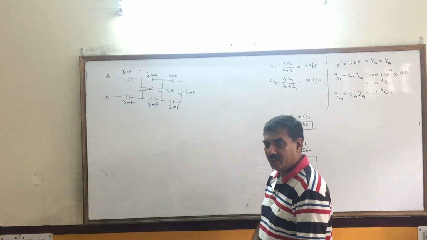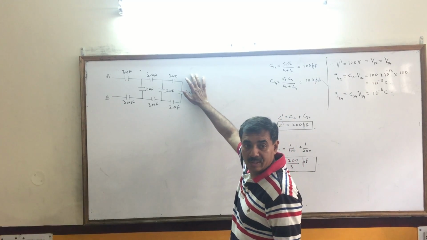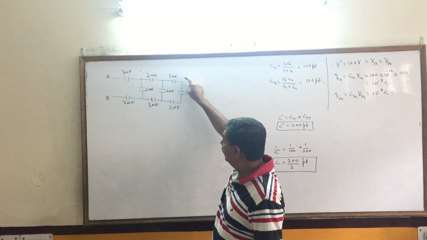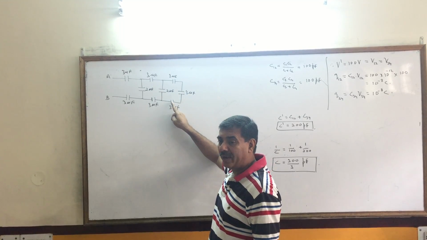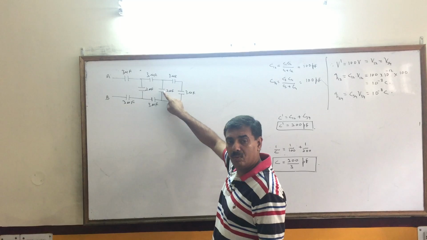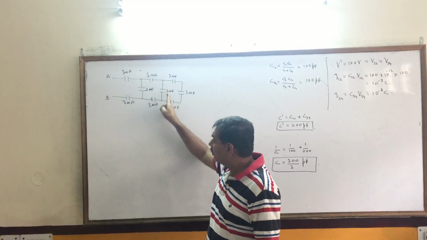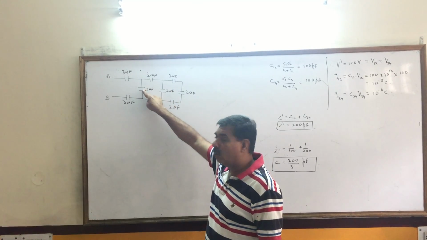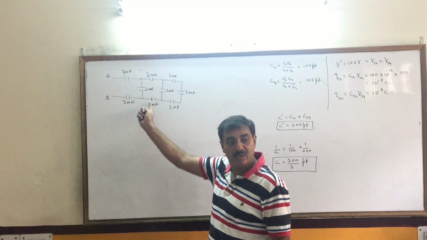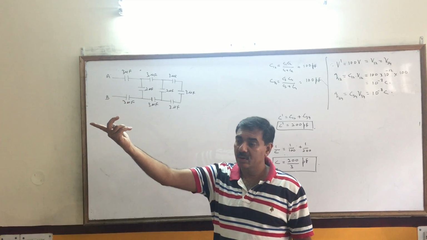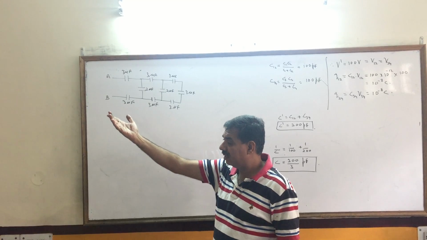Okay? उल्टा करो. 3 3 3 1 1 into 3 3 3 and 2 3 3 3. Okay.